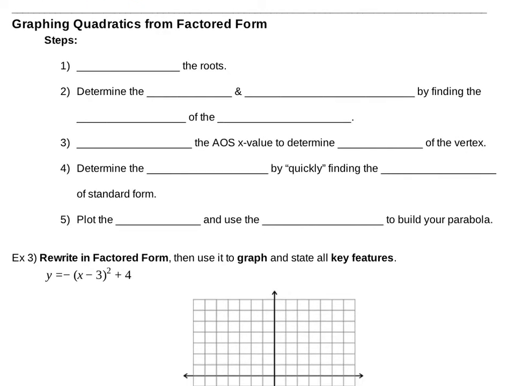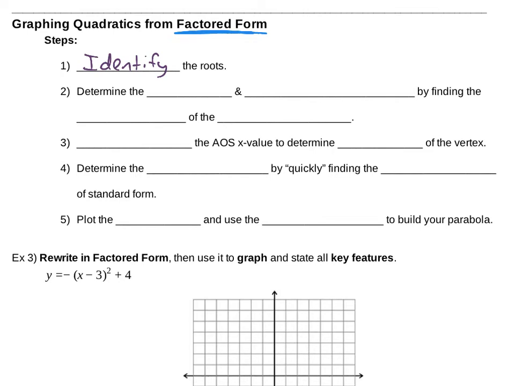So we're going to write down some steps, and then we will use them to graph a given equation. Alright, so these are only going to be done if you have factored form right now. Okay, if you have factored form, you could identify the roots, doing the opposites of the binomials. Okay, once you have your roots, then find the midpoints.